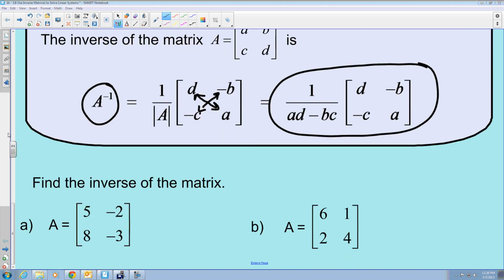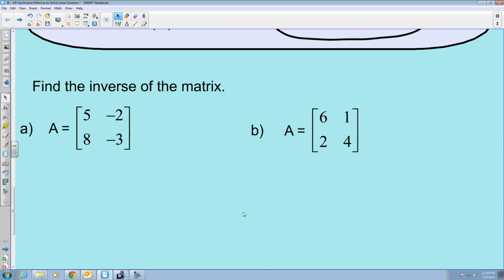So I have example A, where matrix A equals 5, -2, 8, and -3. I want to find the inverse of this.